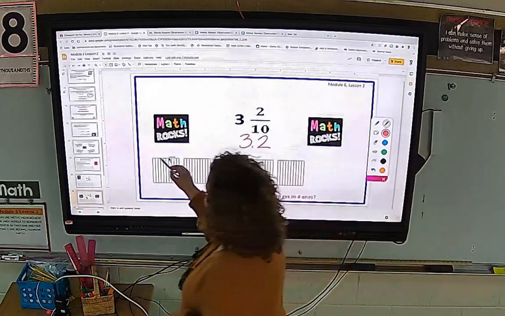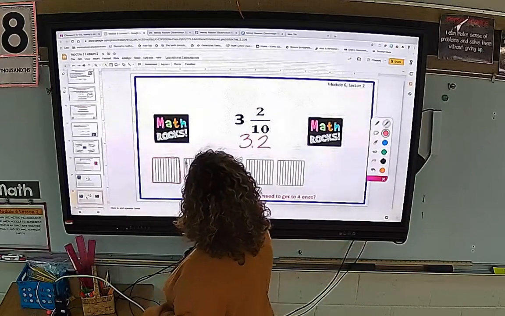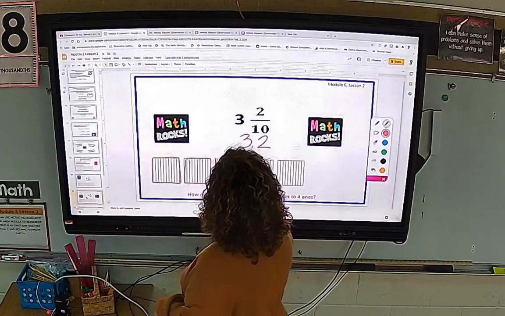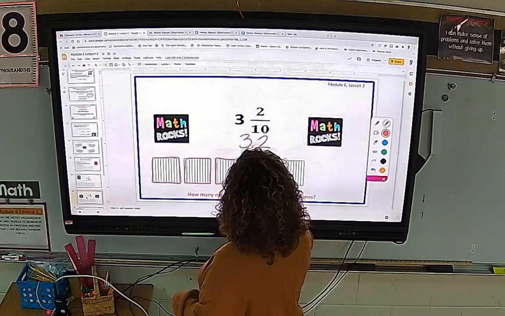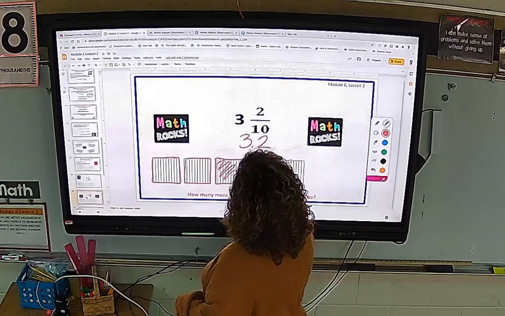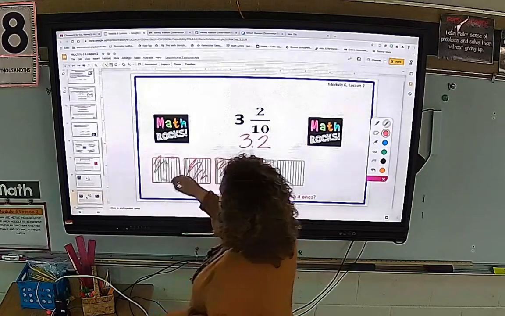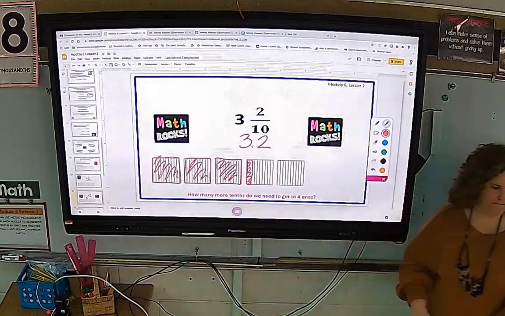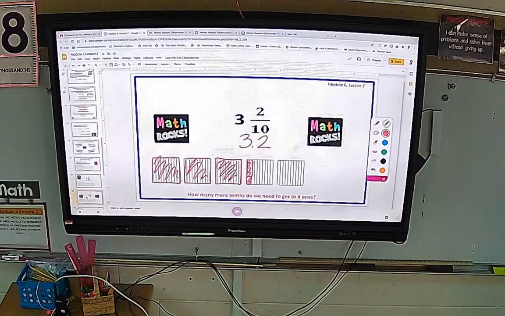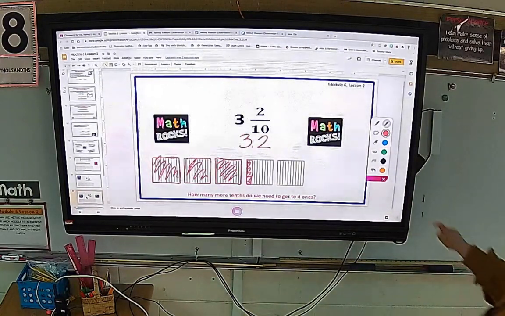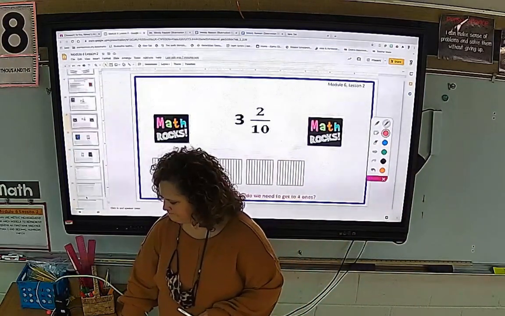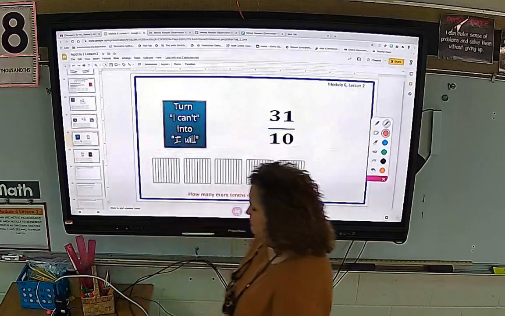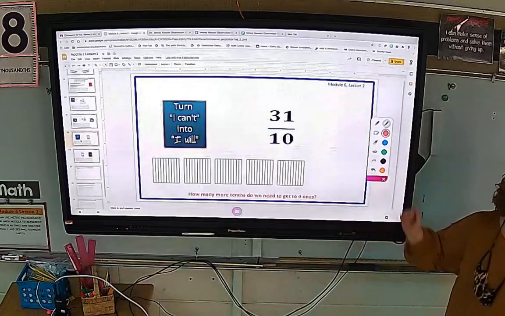So you needed 3 whole boxes, and then 2 of these strips on another one. Okay? Make sure we see why we're doing it. Okay? All right. So this isn't so bad. Let's do just 1 or 2 more. We're done. You know, not so bad.